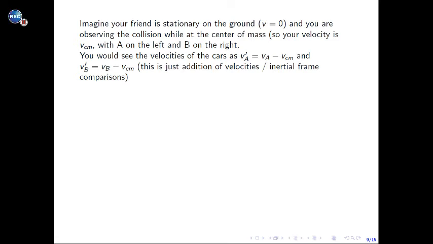When you do a problem, you draw out your coordinates and you're measuring everything relative to the origin. Well, draw a new one that's at the center of mass and moves with the center of mass. And it'll have these little tick marks on it. VA tick mark, or VA prime, is the velocity of A minus the center of mass velocity, and the same with B. And we're just adding the velocities up. Or in this case, we're subtracting the velocities.